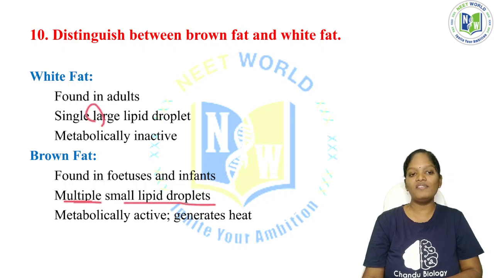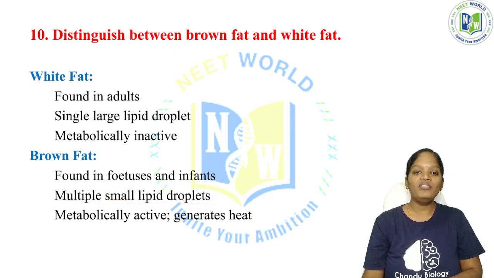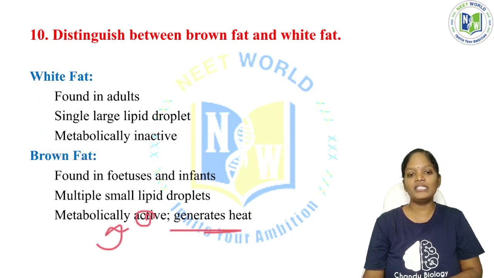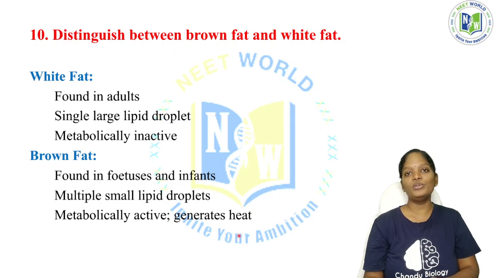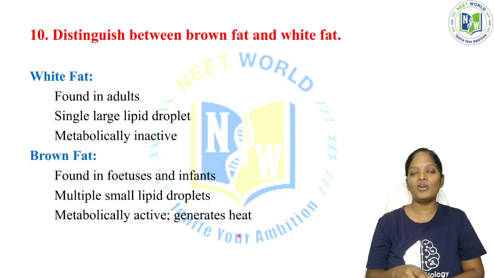White fat is metabolically inactive, and brown fat is metabolically active. So as a result of all those reactions, all this metabolism, the energy is lost as heat. That is what is done by brown fat.